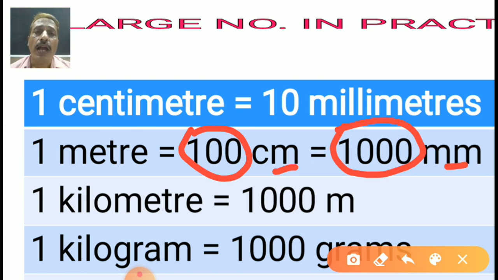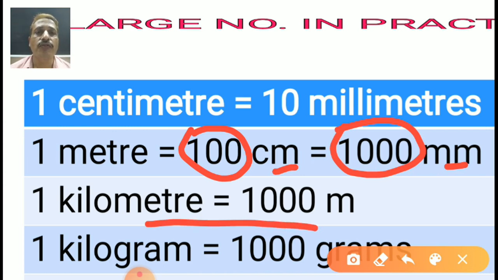Okay. Whenever you are moving from one place to another place, you will find on the roadside a milestone showing kilometers. 1 kilometer is equal to 1000 meters. Yes, student, this is the 1000 meter.